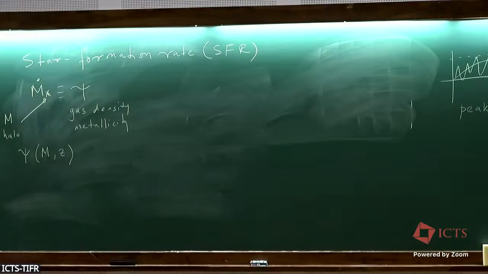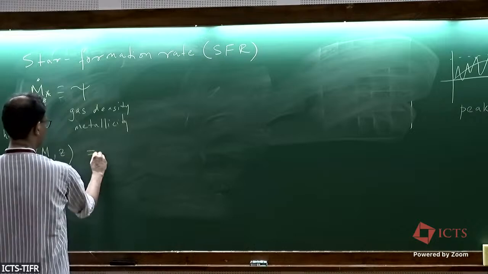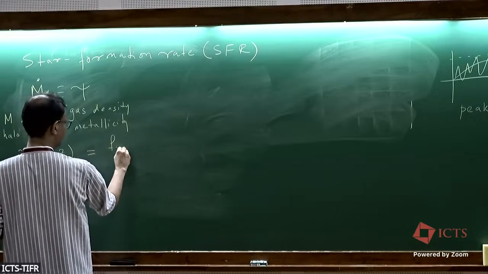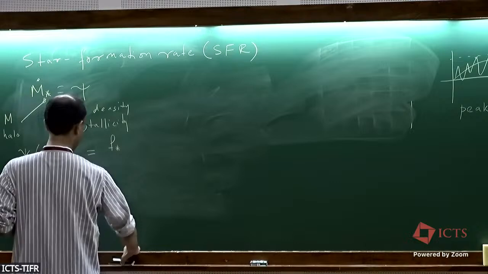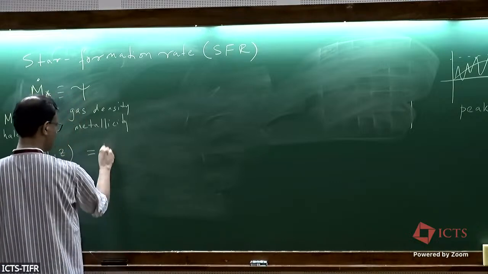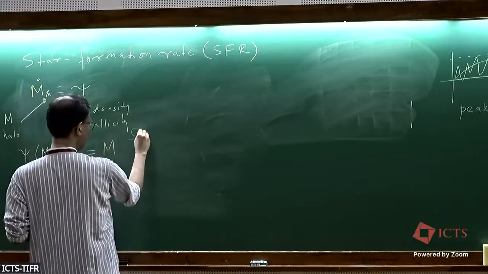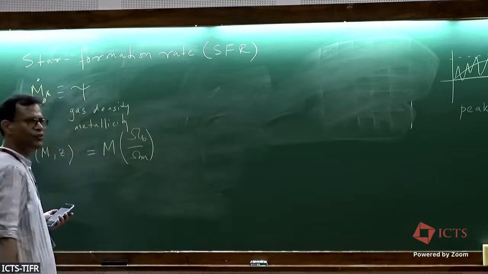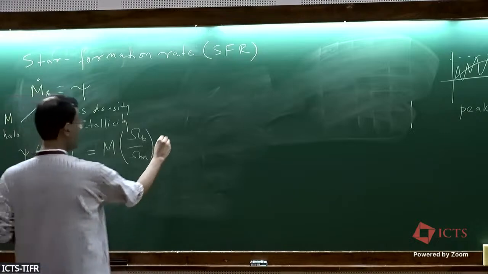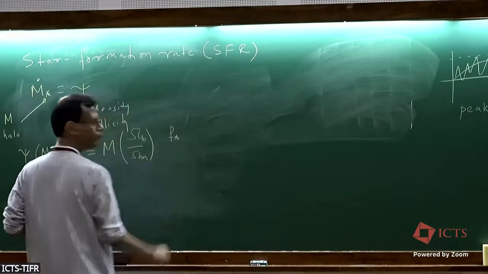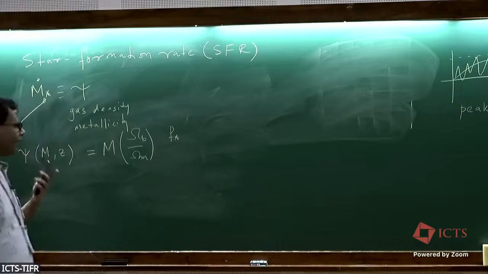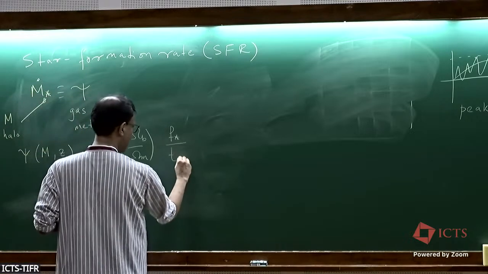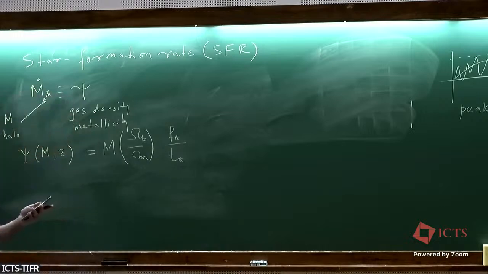So let us say this is my star formation rate in a halo. One very typical model which is used is you say it is proportional to the mass of the halo, but not really the mass of the halo, the mass of baryons inside the halo. And then you say only a fraction goes into stars, and the star formation happens at a time scale which is t star.